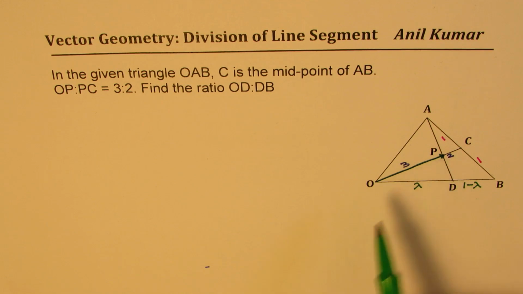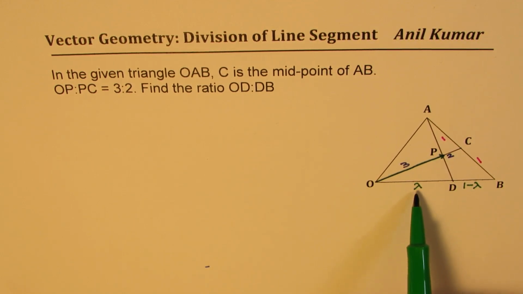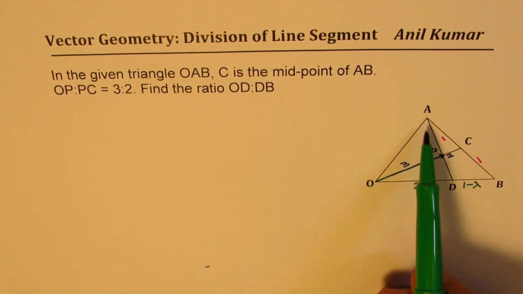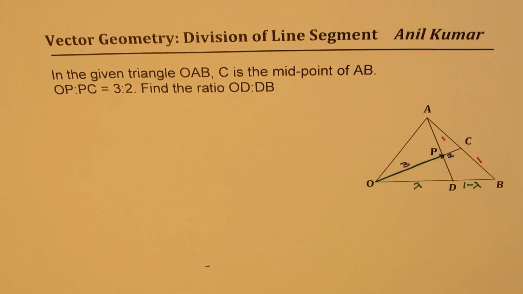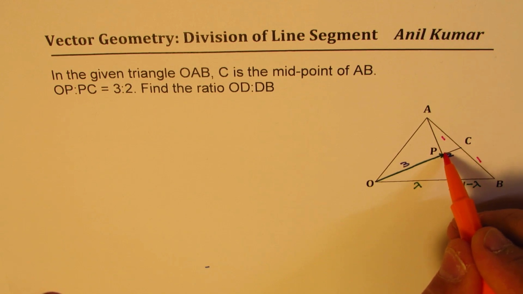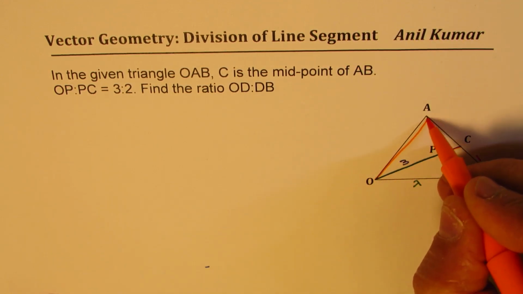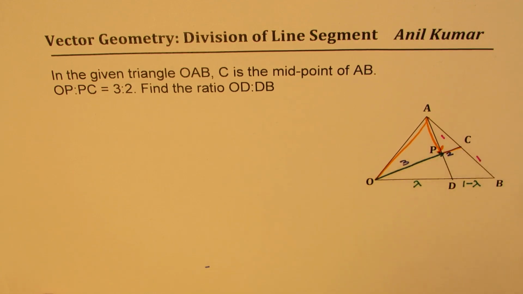Second, OP can be written as a combination involving this lambda, going from this side. So one way is as a scalar multiple of this. The other way will go like this. Is that correct? So those are the two ways.